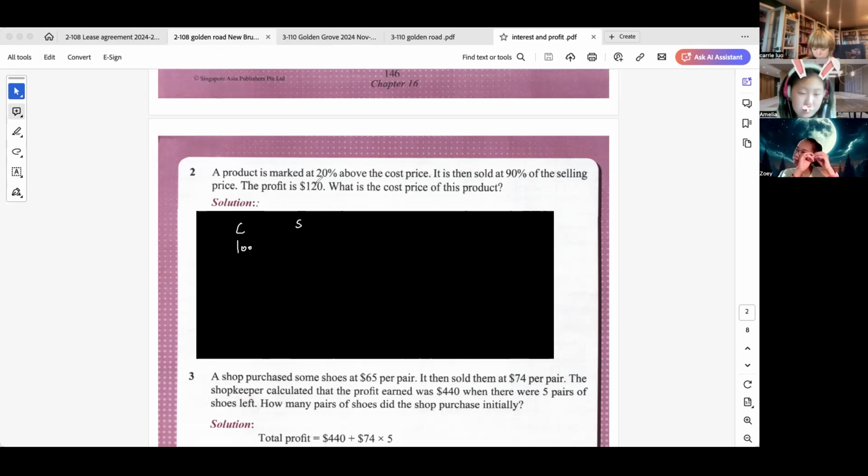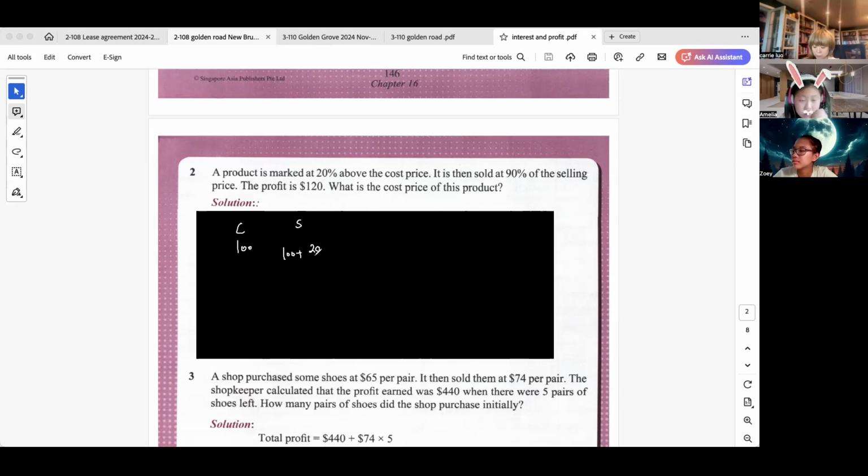So the sentence means the selling price is 20% more of the cost price. Yeah, so 20% of the cost price is what? 20. Yeah. So the cost is 100, right?